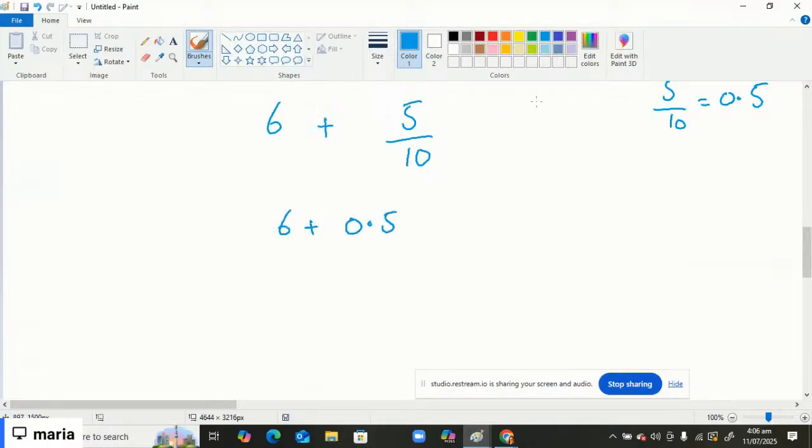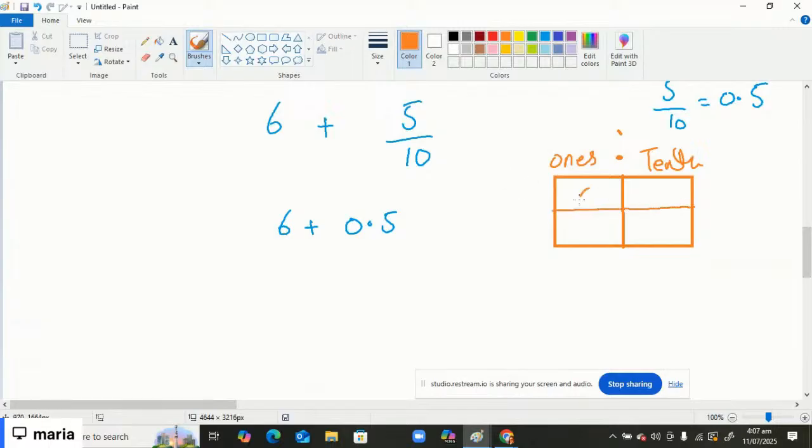As we can see now, let me draw a box here. This is the ones place, this is the tenths place, and this is the point. Here 6 is only in the ones place. After the point we put 5 here.